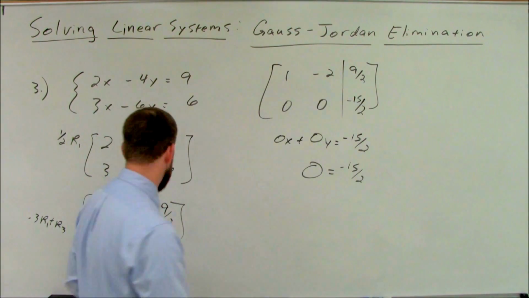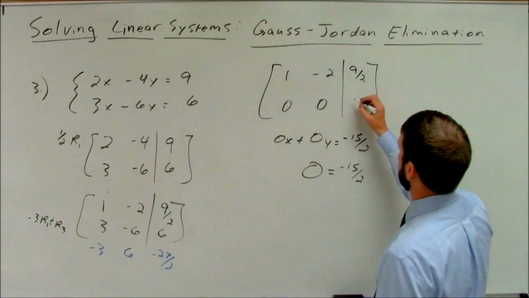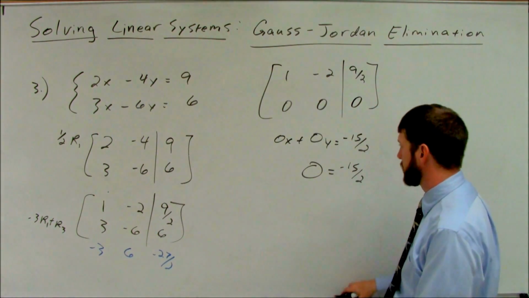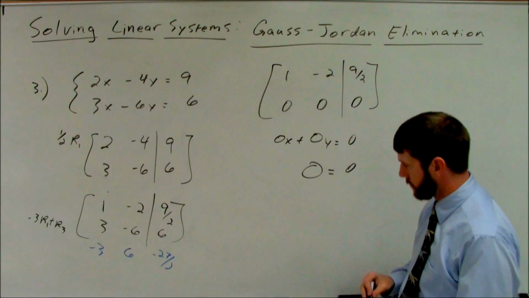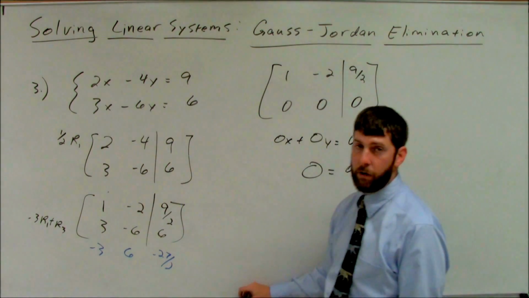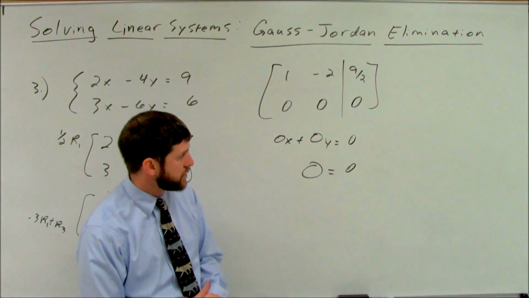What infinitely many solutions looks like is just like on your linear combination problems, when your variables cancel out and your constants cancel. 0 equals 0 is always true, so there's infinitely many combinations of x and y to make that true.